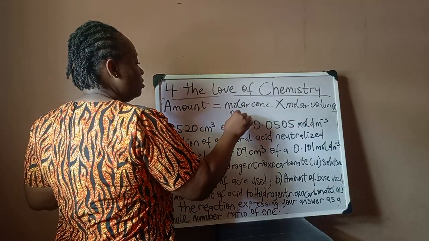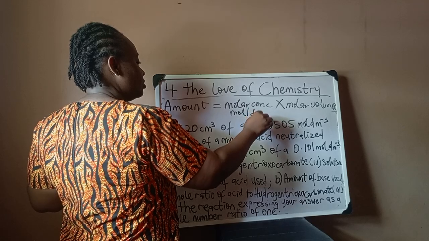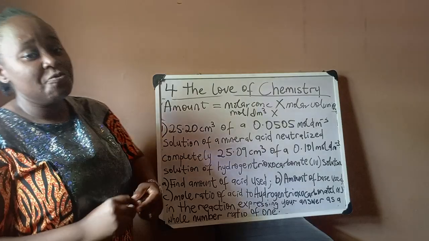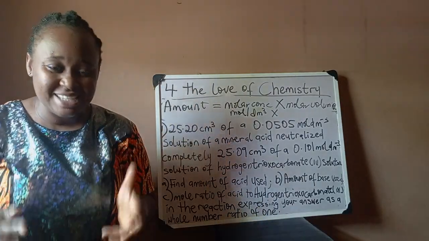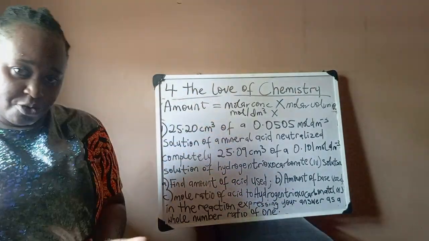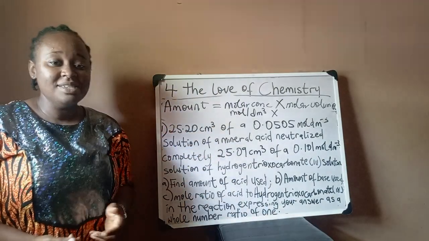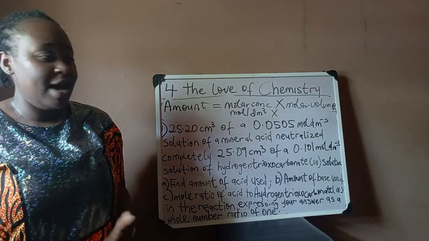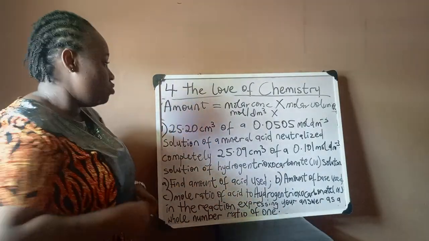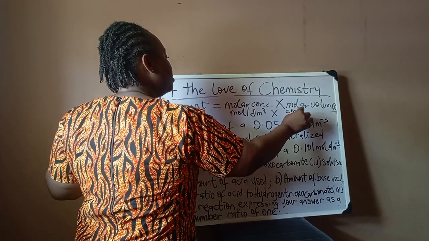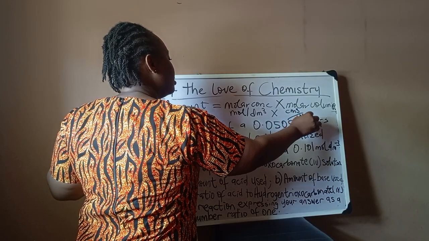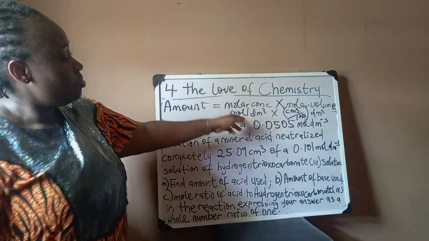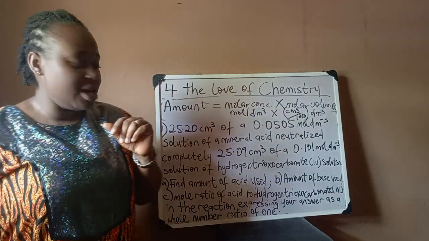So this is mole per dm cubed multiplied by volume in dm cube, because your molar volume is volume in dm cube. But we are not given volume in dm cube, but in cm cube. So for us to convert cm cube to dm cube, we divide by 1000. So from this, cm cube all over 1000 gives us dm cube. So it is mole per dm cube multiplied by dm cube.